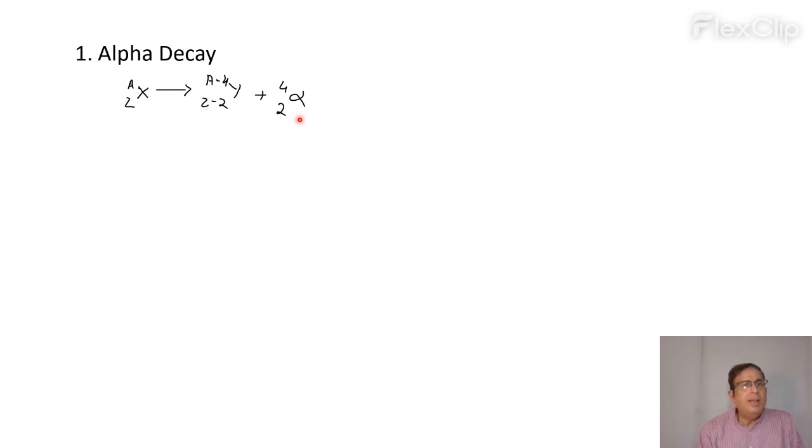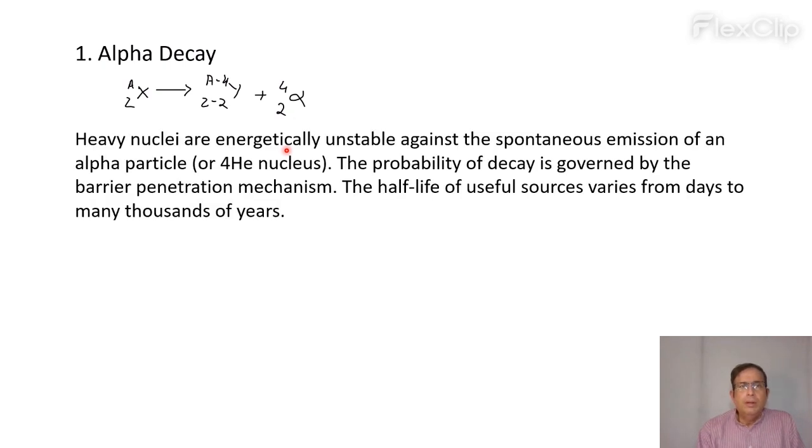So alpha particle is basically a helium 4 nucleus. So what is happening is the X is converting into a lighter Y nucleus, and the difference in the atomic mass and the atomic number is emerging in form of the atomic mass and atomic number of the alpha particle.